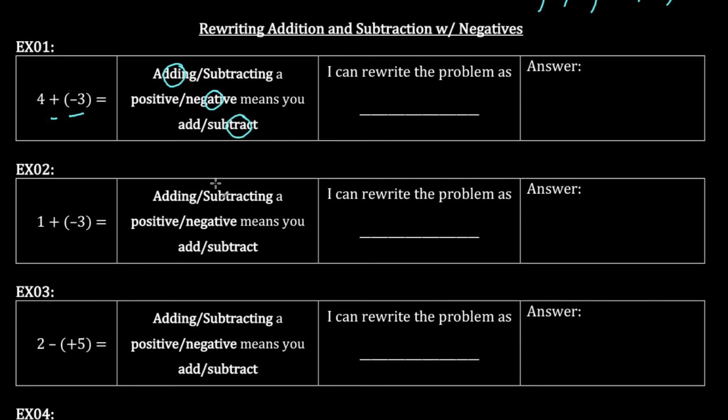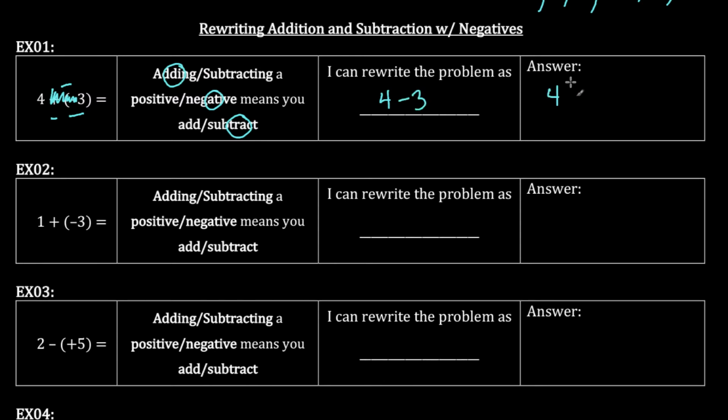This is just something you're going to do a lot and you'll get used to it. So instead of 4 plus negative 3, we are going to write 4 minus 3.